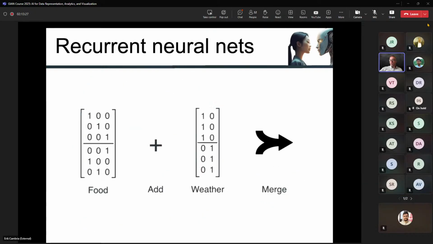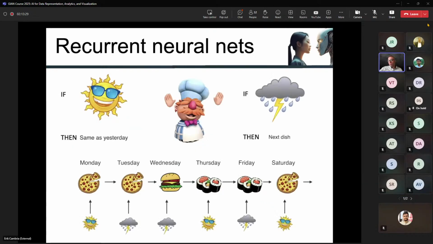And I'm not sure I understand your second question. It was again just an example. Before, I only had this person cooking a certain kind of food if it rains or if it's sunny. Here I have the same situation, so there are some conditions, but there's also the sequence to keep in mind. If it's sunny, I cook the same as yesterday, and if it's not, I go to the next dish.